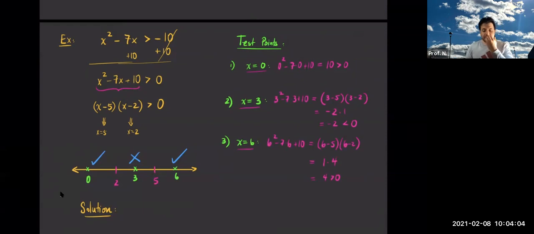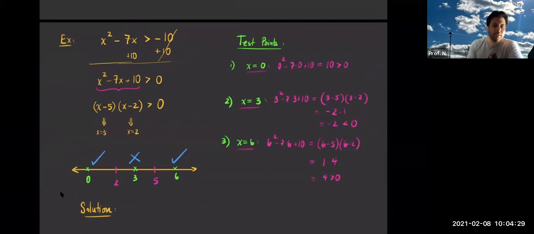So no, Sanjana, it would not be 2 comma 5, because for 2 to 5, we're saying that this interval is no good. So we're using the intervals on the outside. And Sydney, it's not 2 to negative infinity because the 2 is not included, and the negative infinity is to the left of 2.